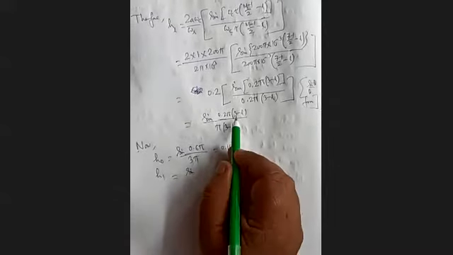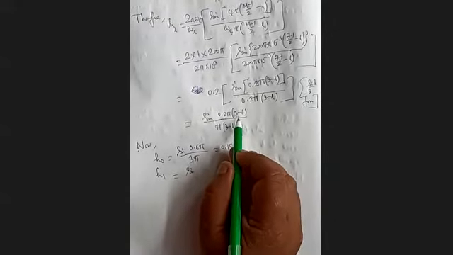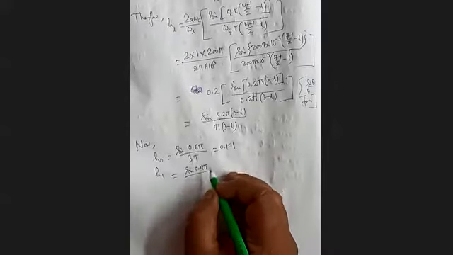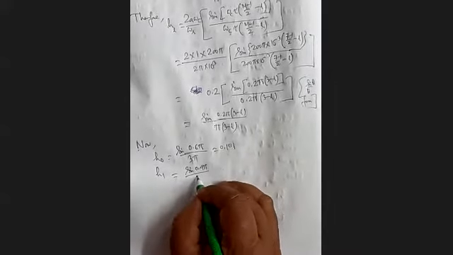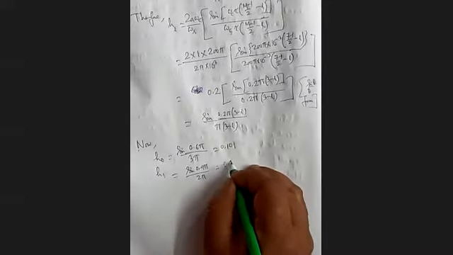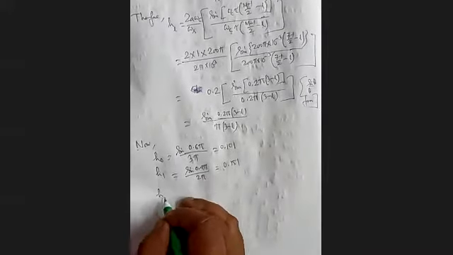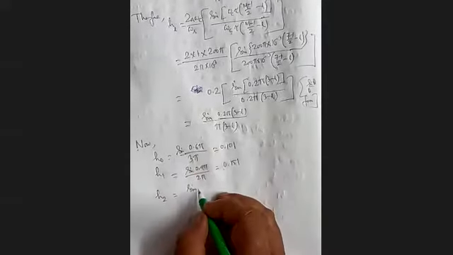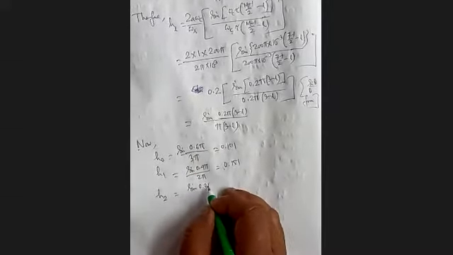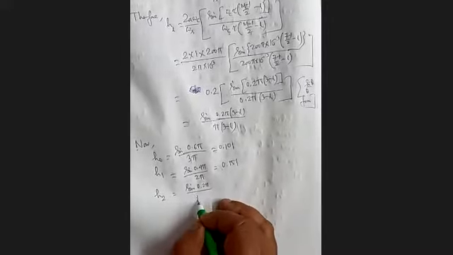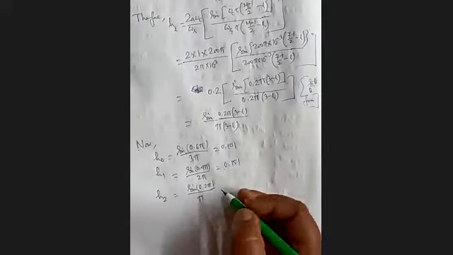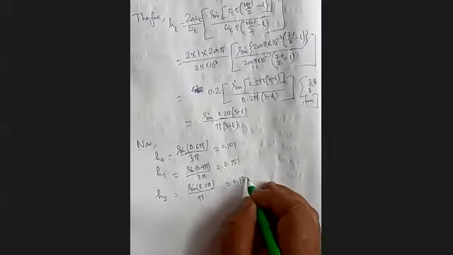Sine 3 minus 1, so 2 into 2. So 0.4 pi by 2 pi equal to 0.151. H2, put L equal to 2. Sine 0.2 pi by pi, so 0.187.